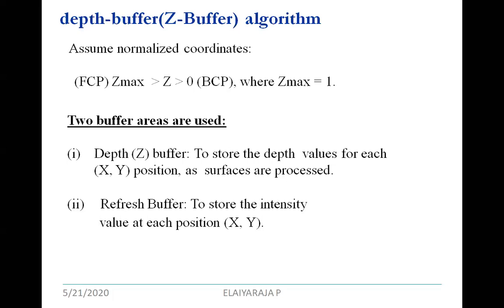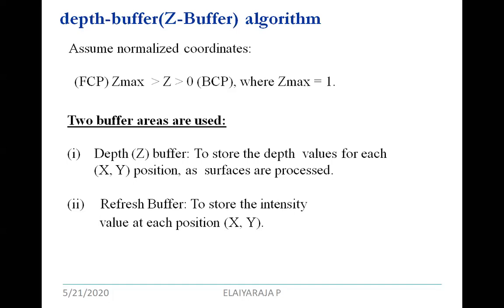Next pixel, x equal to 2, y equal to 1, then x equal to 3, y equal to 1, or when you move to the second scan line, y equal to 2, x equal to 2, y equal to 2, x equal to 3, y equal to 2, like that: 1 comma 1, 1 comma 2, 2 comma 2, 2 comma 3, 3 comma 2.